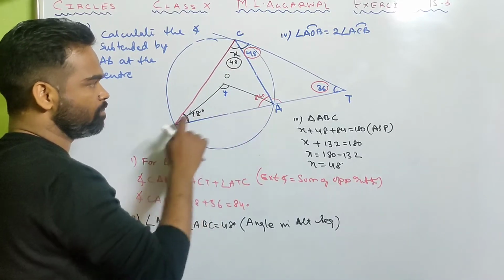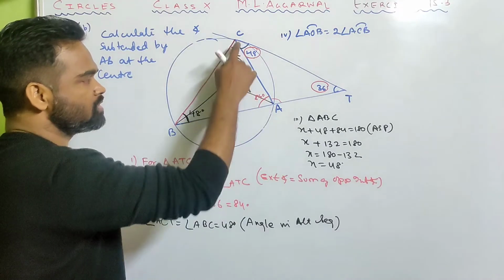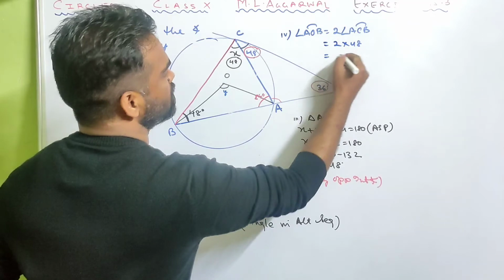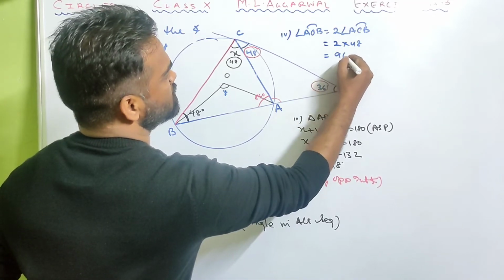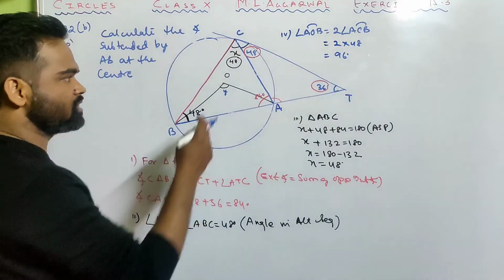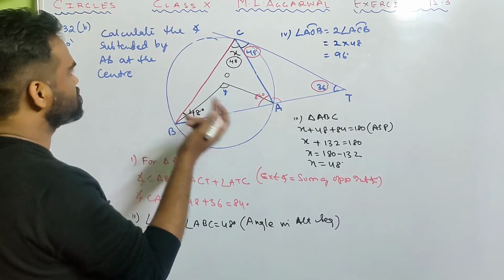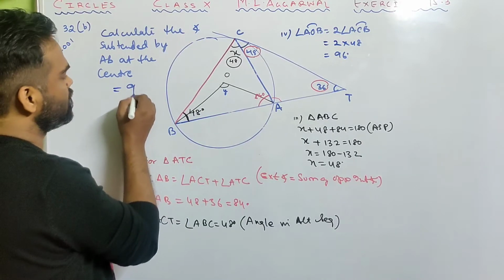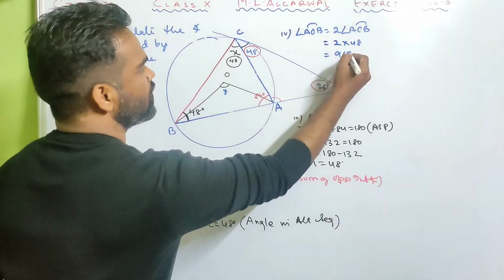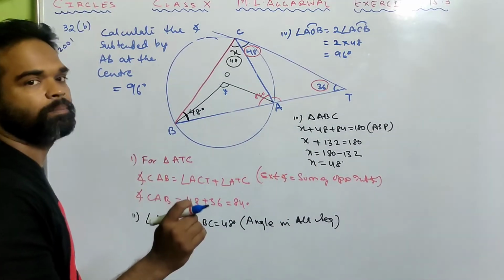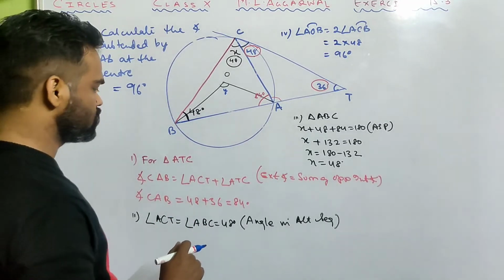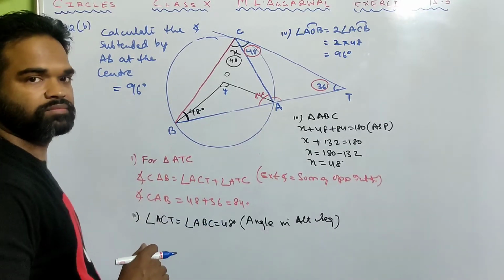See, AB, AOB, ACB. So you can say this is twice into 48. That's how much? 96 degree, which is Y is 96. Or angle subtended by AB at the center is 96 degree. Done? Step by step. Okay? Chalo. We'll do the next sum now.